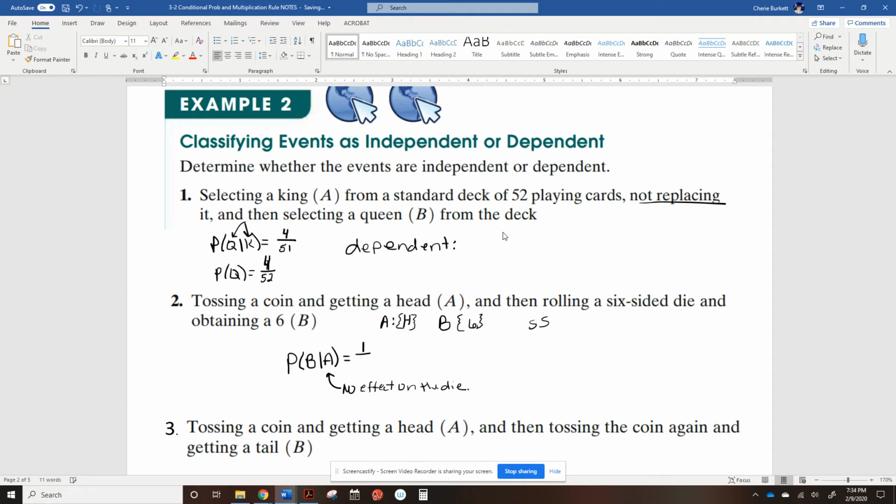For rolling a die, remember the sample space would be 1, 2, 3, 4, 5, 6. So there are 6 outcomes in the sample space, and event B is only interested in us getting a 6. So one outcome out of a possibility of 6. This event A, flipping that coin, had no bearing whatsoever on the die. So these two events would be independent.